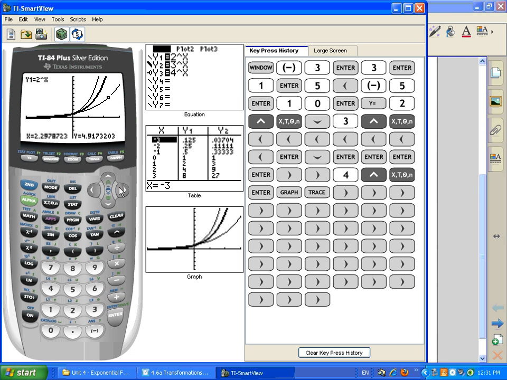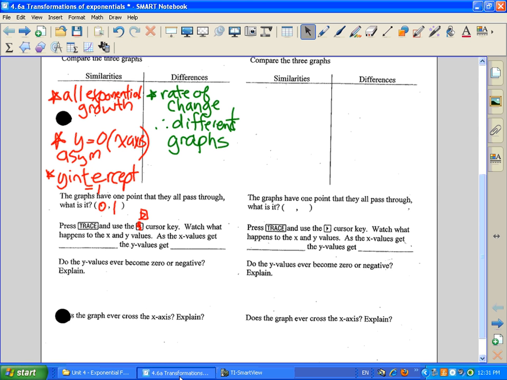It's also increasing. So let's put that in our handout, sorry. As the x value gets larger, or increases, that means it gets larger, the y value also gets larger.